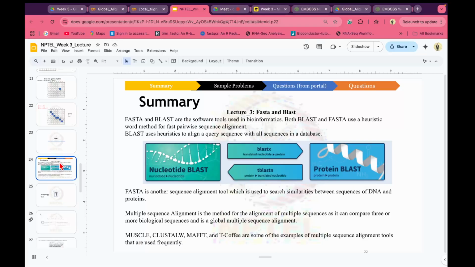Only in terms of similarity and identical scores, the gaps are not considered. By default in global alignment, the coverage is 100% if we are considering gaps as alignments. If you don't consider the gaps as alignment, the alignment score will change. I'm answering a question in the chat box.